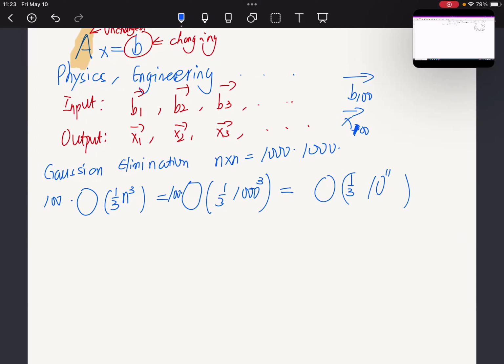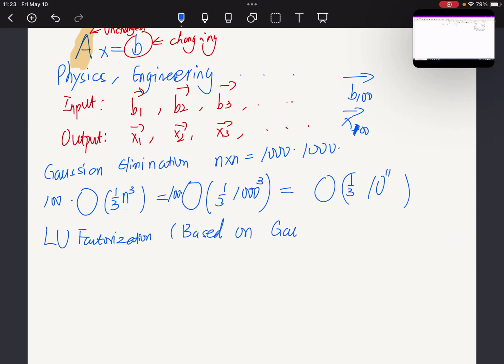It's still big. But now I'm going to give you one method to reduce the computation cost a little bit. It's called LU factorization, and it is based on the Gaussian elimination.